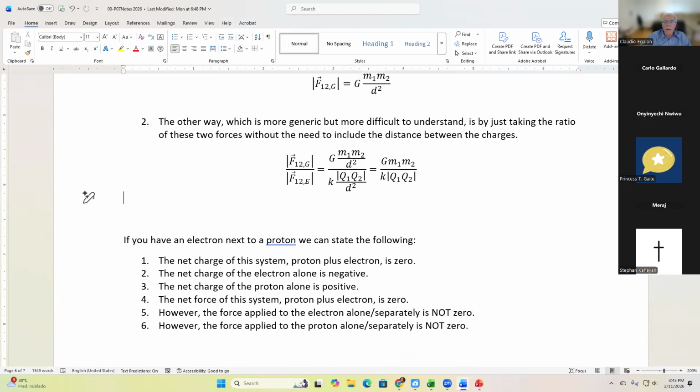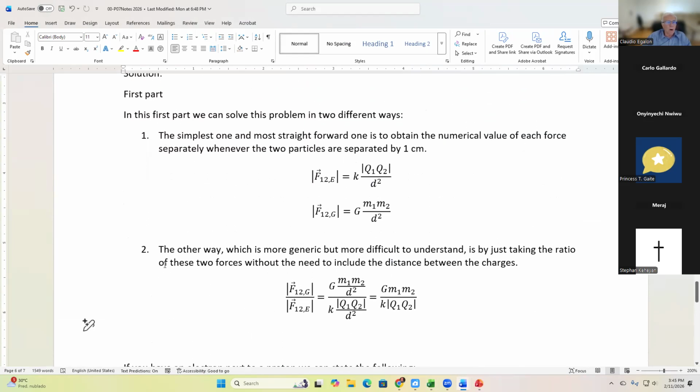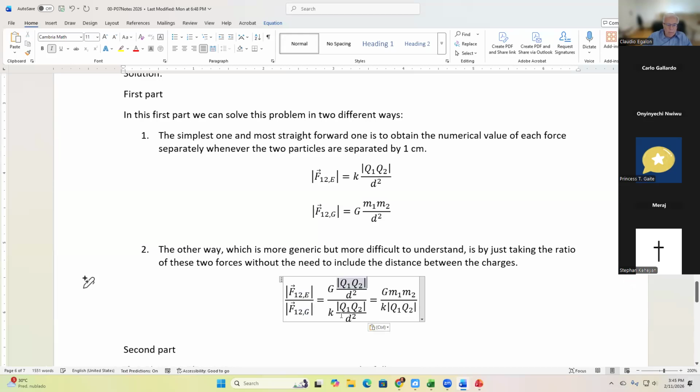Here, let's see, that's the other way. First part, and then the second part. Let's see here. I should take, since I did the other ratio there, right? Let's do according to what I did before. M1, M2.